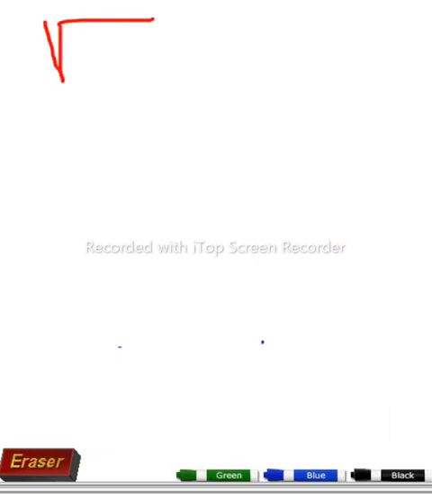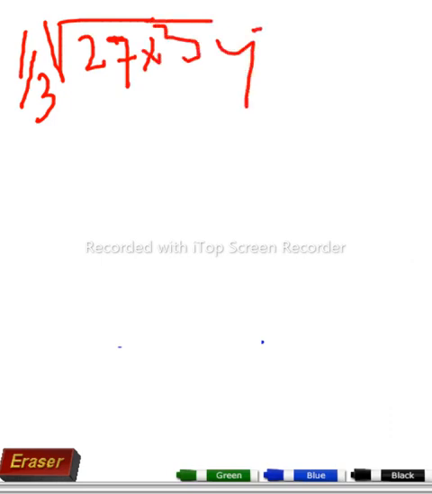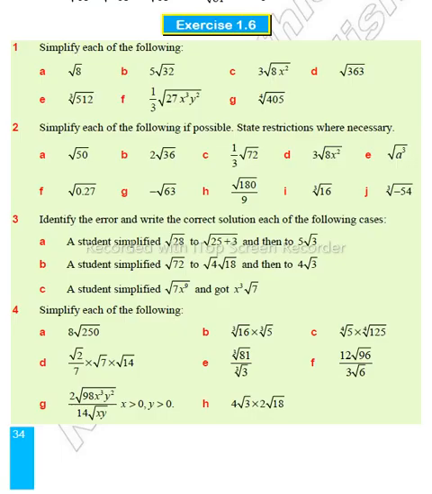Let us write this question on our whiteboard. Here we have 1 over 3, which is not under the root. So 27 x to the power of 3, y to the power of 2. Let us simplify this equation.